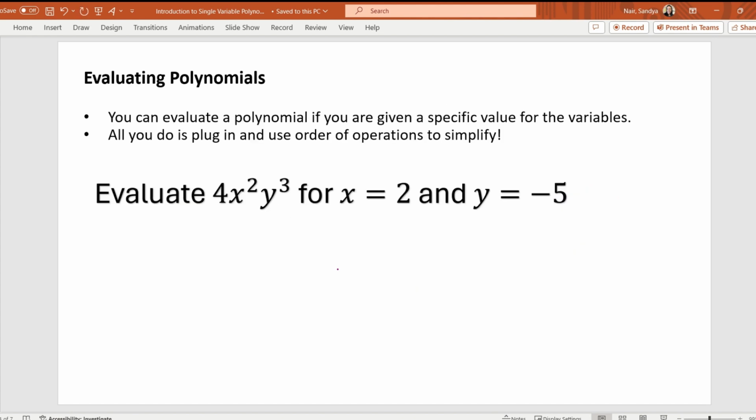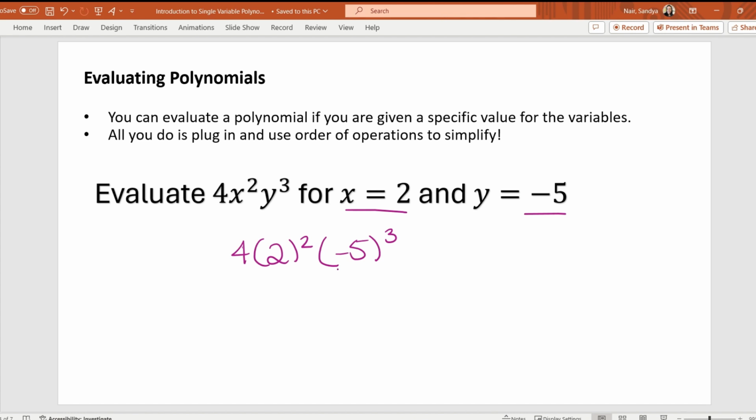You can also evaluate polynomials if you're given a specific value for the variables. All you have to do is plug in and then use order of operations to simplify. For example, if we're trying to evaluate 4x squared y cubed for x equals 2 and y equals negative 5, I'm going to use this 2 to replace x. So I'm going to have 4 times 2 squared, and then I'm going to use this negative 5 to replace y, and I have negative 5 to the third.